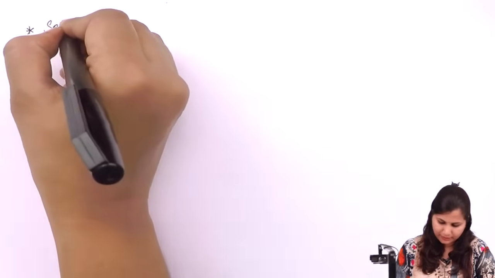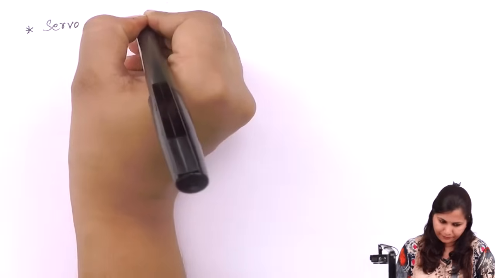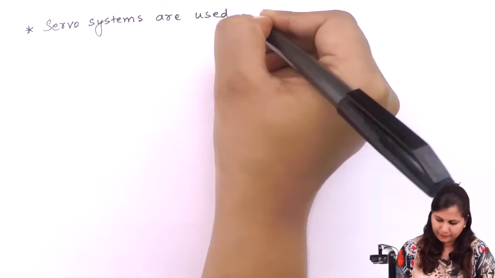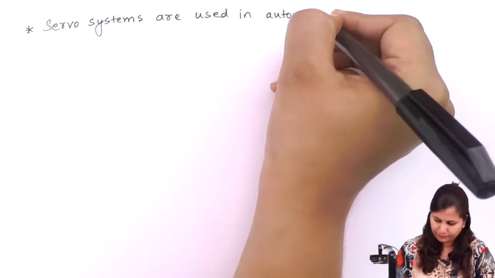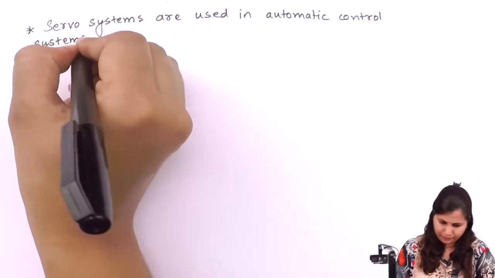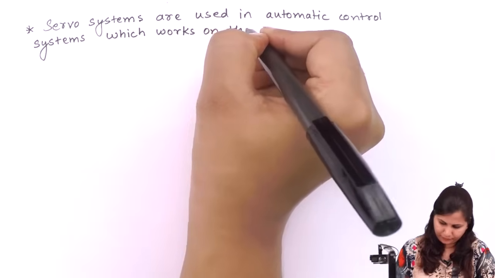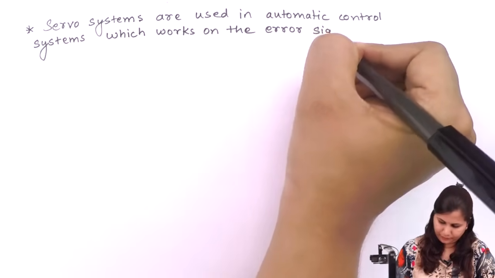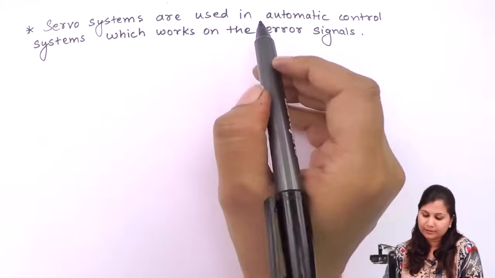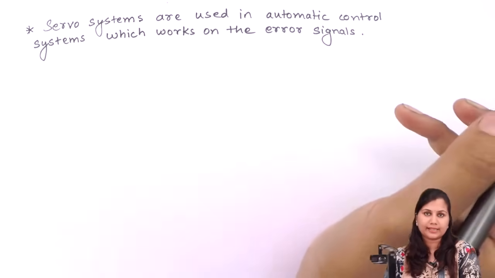So servo systems are used in automatic control systems, and these automatic control systems work on error signals.